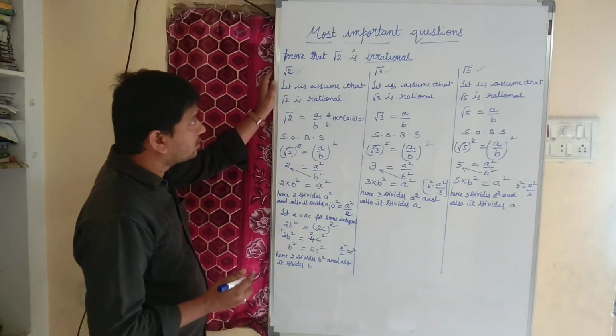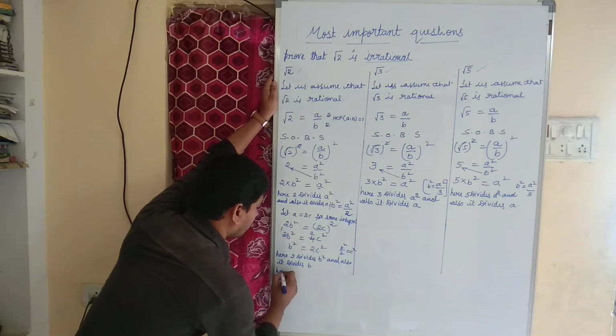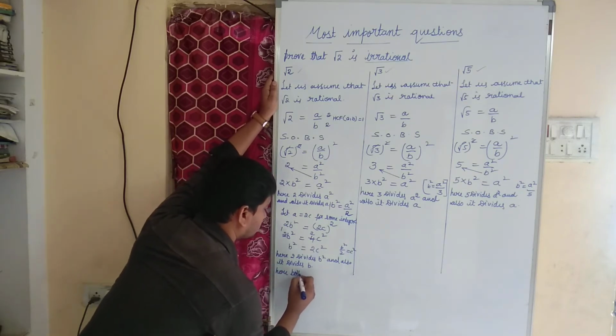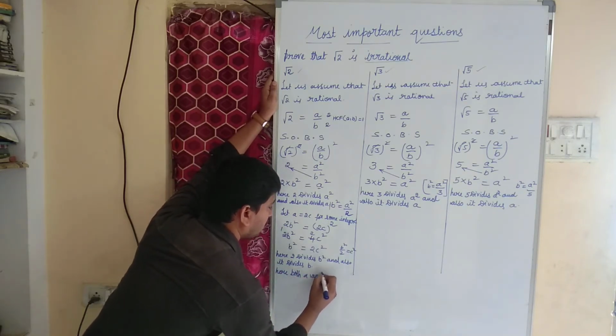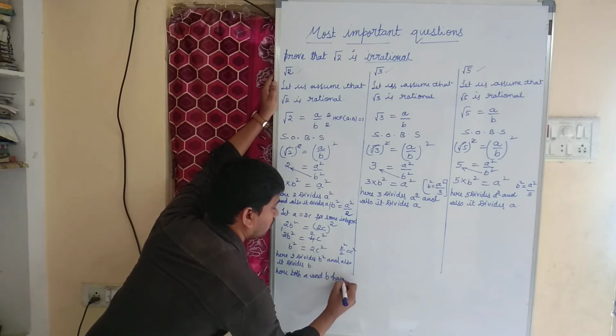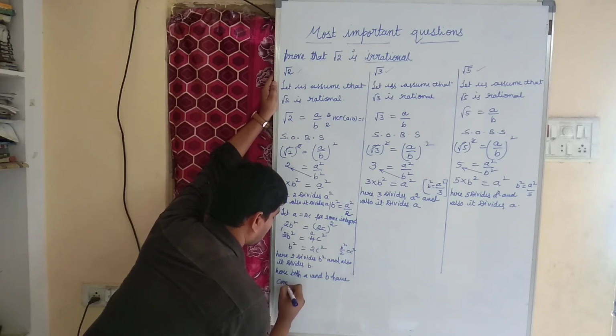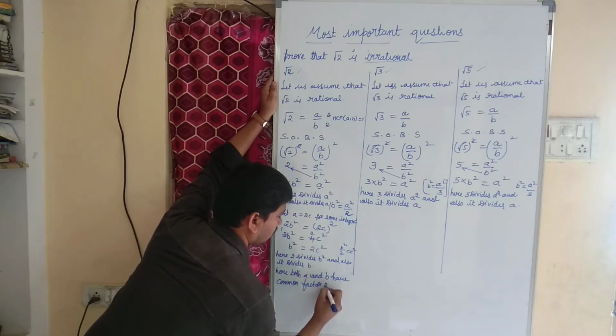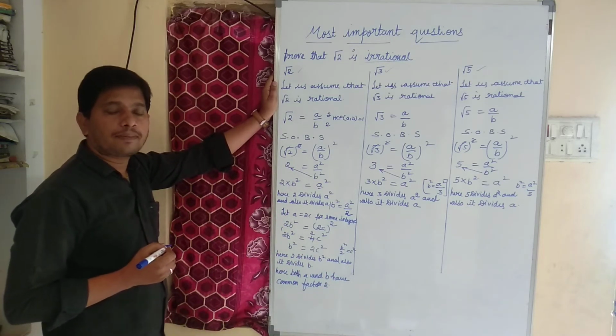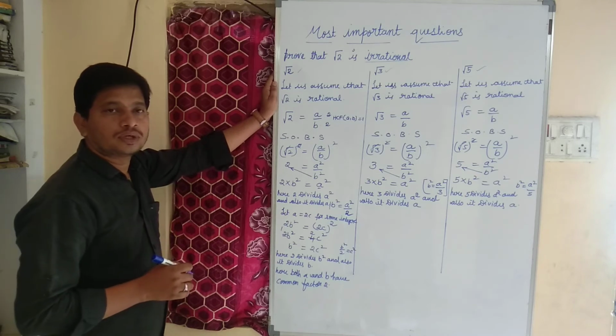Here both a and b have common factor, both a and b have common factor 2. Right?